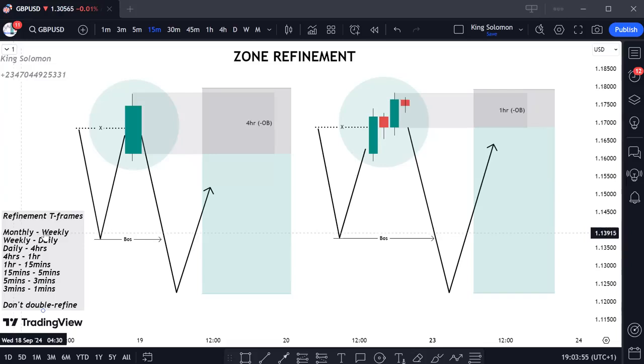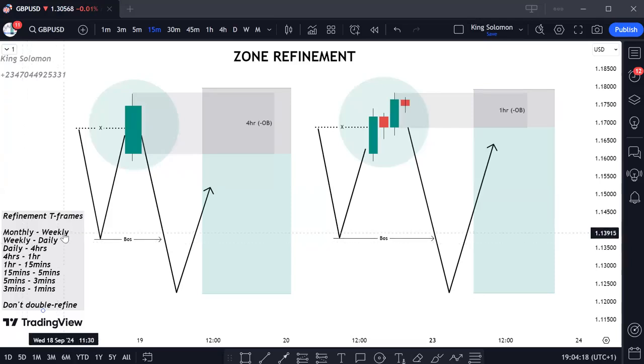From the monthly time frame to the weekly time frame is okay. You don't want to refine to the weekly time frame and then try to refine to the daily time frame, just because you want to get a super small POI. It might work if you get your daily time frame zone from the monthly time frame zone.